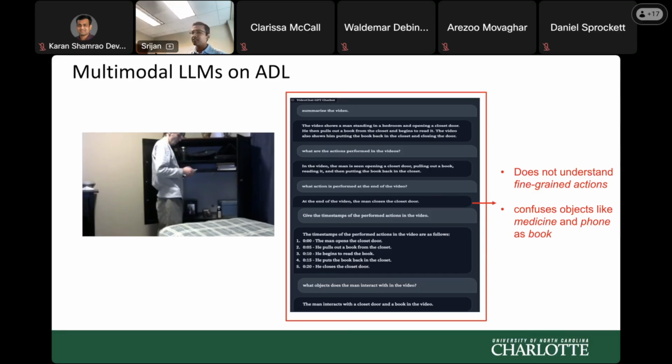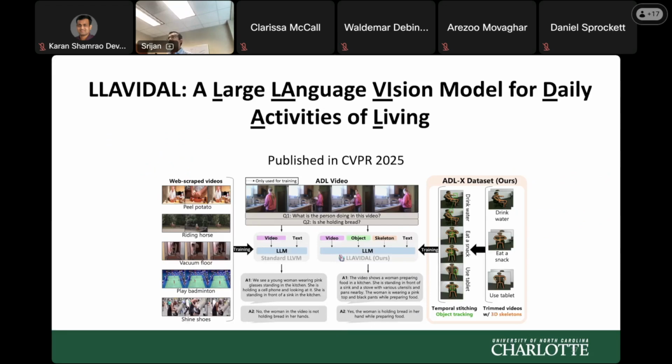And that's when we decided that we need to adapt these models for our scenarios. That's when we came up with our foundation model for activities of daily living, which was published a few months back in CVPR 2025. We call this model Navidan.